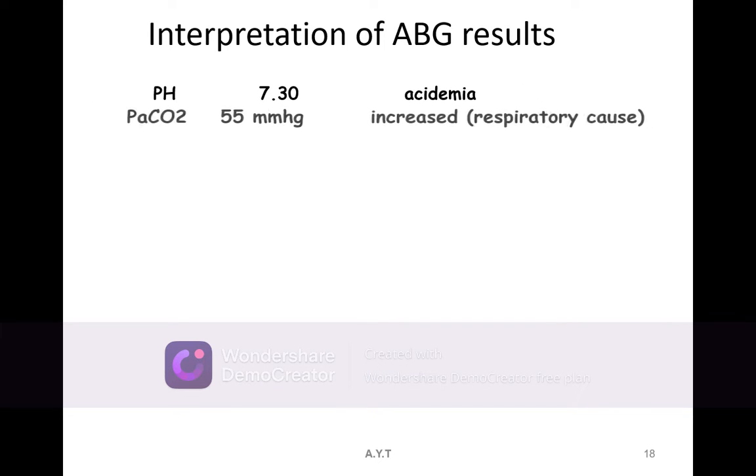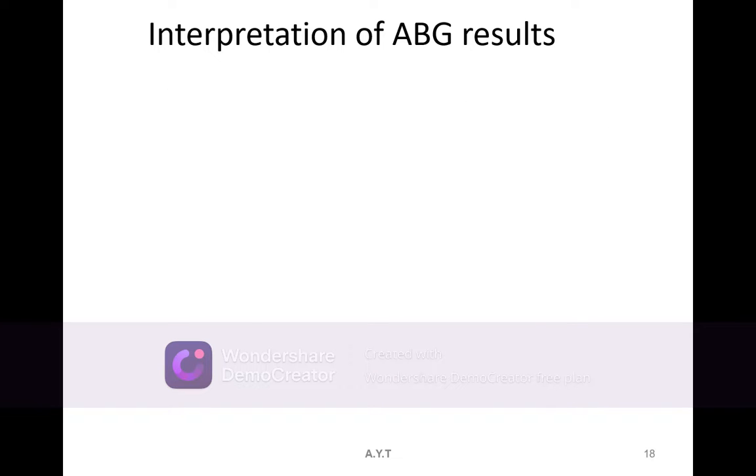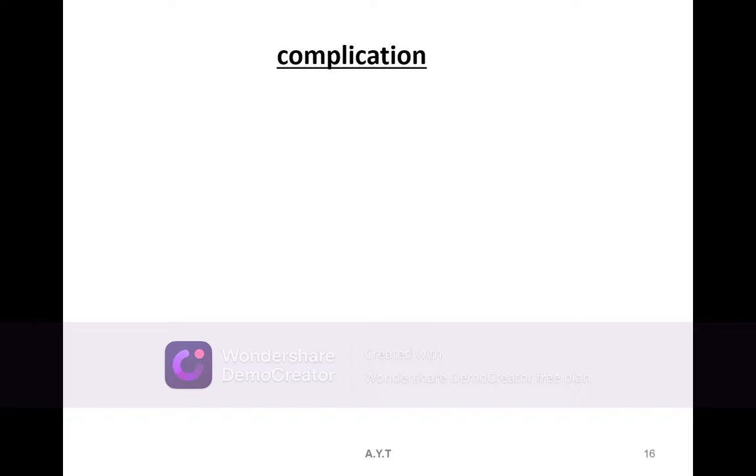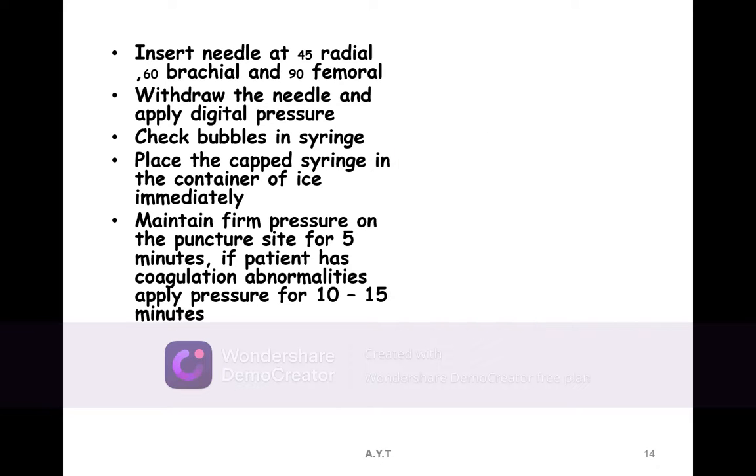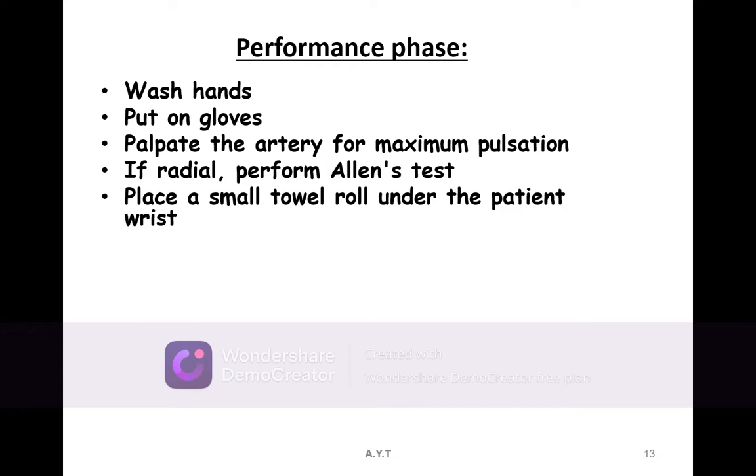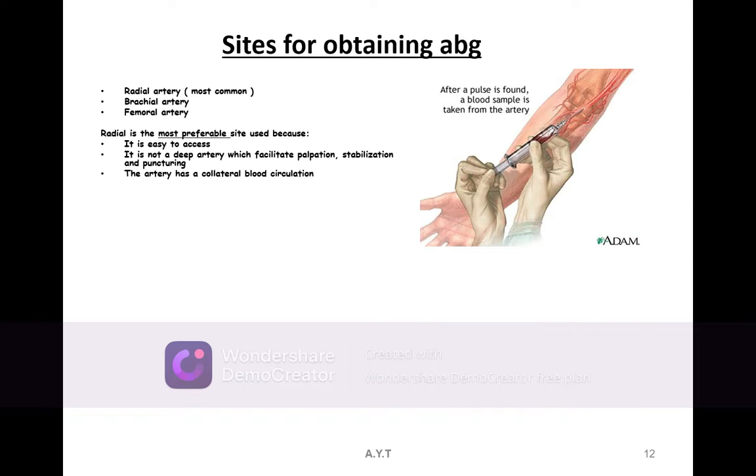Now, interpretation. If the pH is 7.30, normal according to the lab matters; again I will say the lab's normality is important.